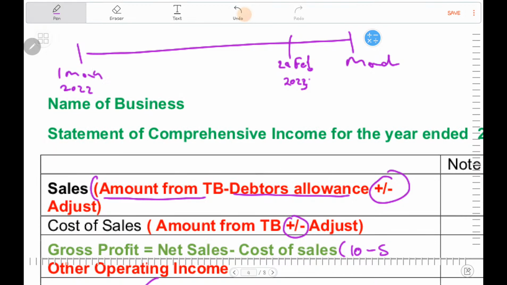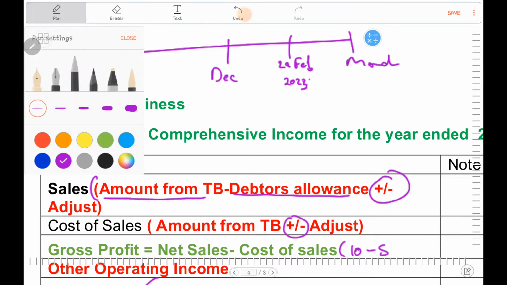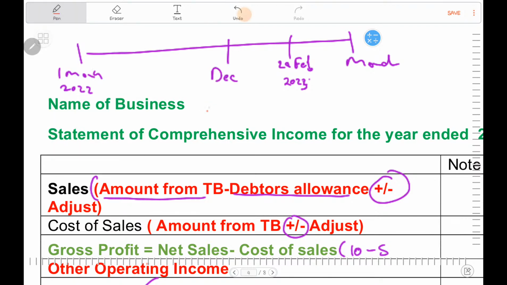Then from the 1st of March up until December, because you indicated that the decrease was from January, each month will be represented by a certain percentage before the decrease.